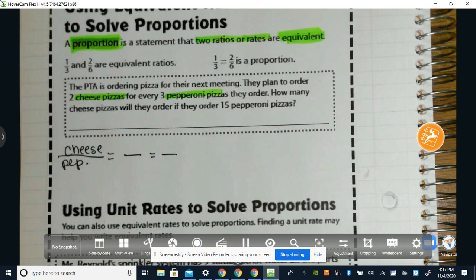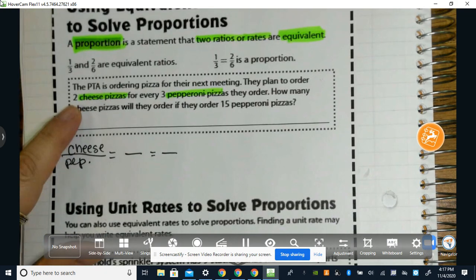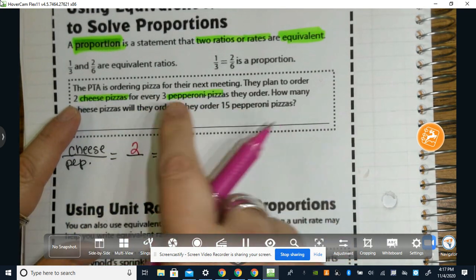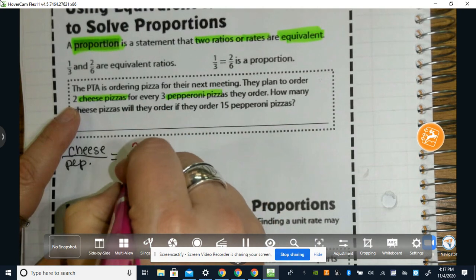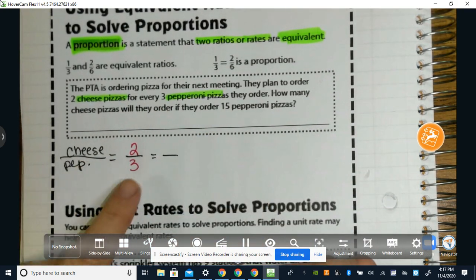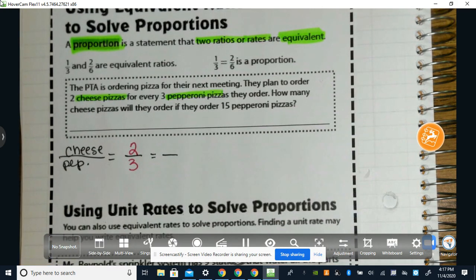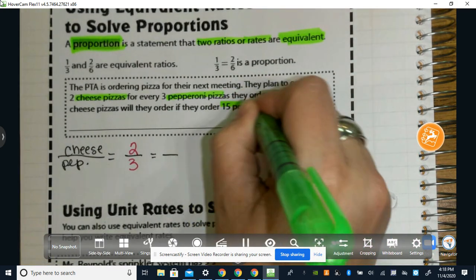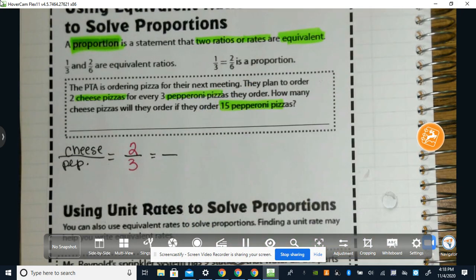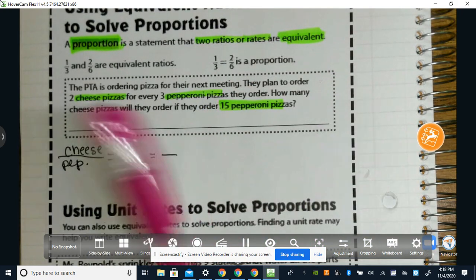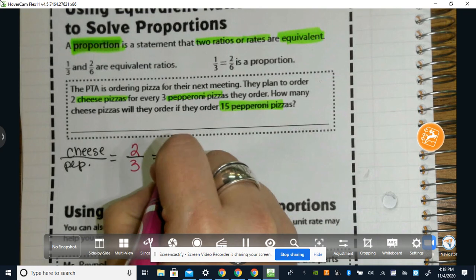Well, it says right here that there are 2 cheese pizzas for every 3 pepperoni pizzas. So that 2 goes with the cheese, the 3 goes with the pepperoni. Now there's one more piece of information. There's 15 pepperoni pizzas that they ordered. Okay, so that 15 is going to go down here next to pepperoni.